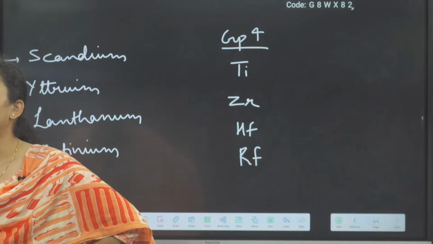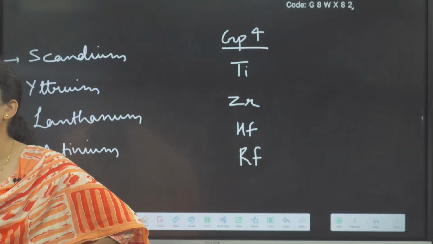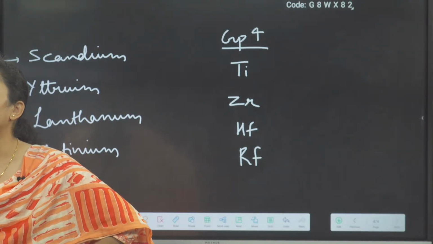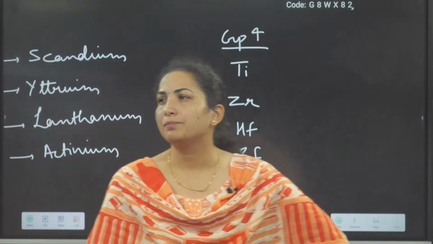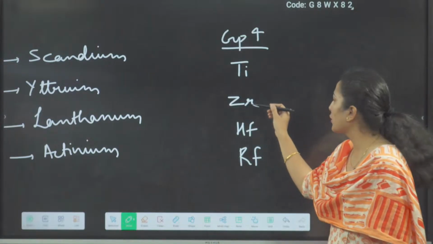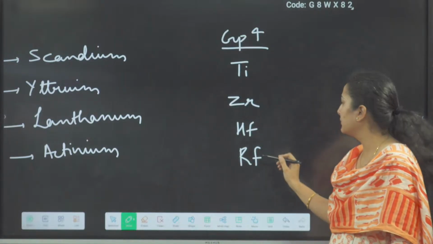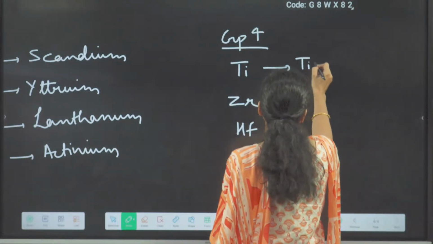Ti is for titanium. Zr is for? Yes, Suryansh, it is very, very much required, beta, to learn the periodic table. This is titanium, then you are having zirconium, then hafnium, and you are having this one as rutherfordium. So we are going to write down that only.